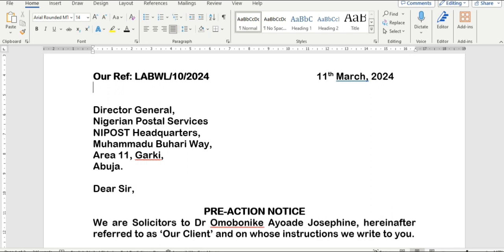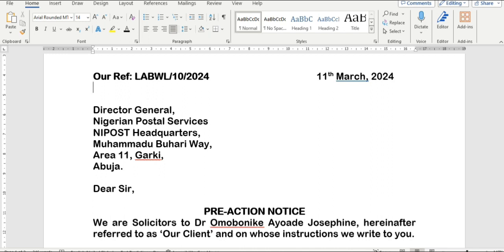That is, if their establishing law has said, before you drag us to court, you must have done this or that. For pre-action notice, there will be a stipulation that you must have served us a notice that you intend to take legal steps to file a suit against us, and you must have given us a period of time, some say maybe 1 month or 30 days. So it's important, if you're trying to sue an organization, to check their establishing laws to find out if there's a requirement for pre-action notice or any other pre-action requirement.